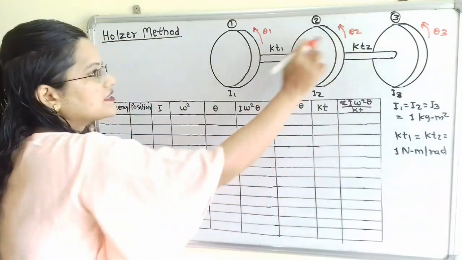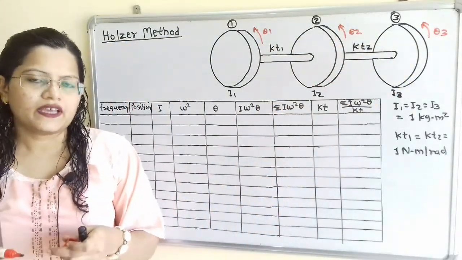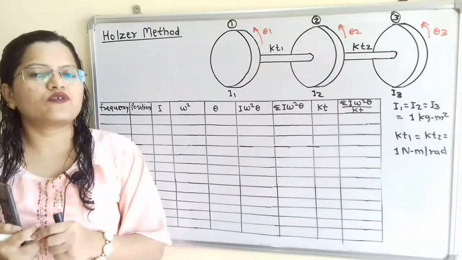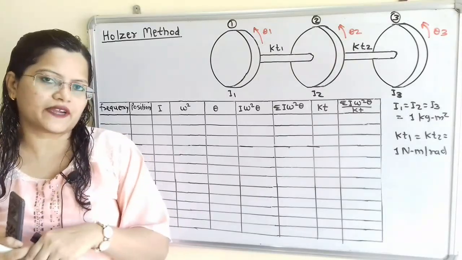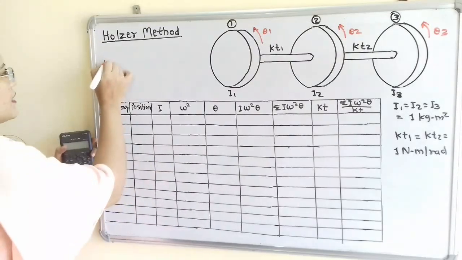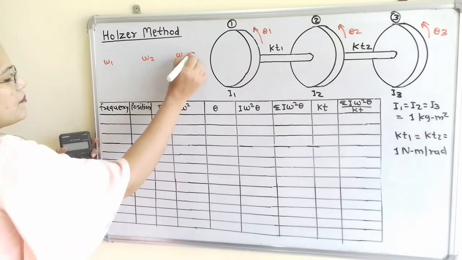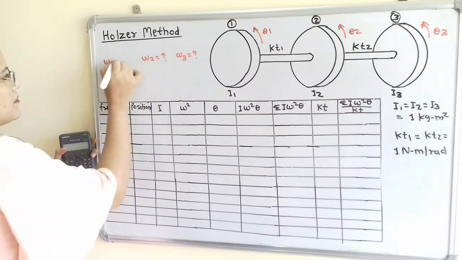Now for these three angular displacements there are 3 degrees of freedom, and therefore we have to find out three natural frequencies. So we will consider, we have to find out omega 1, omega 2 and omega 3. So we will make here the question mark.